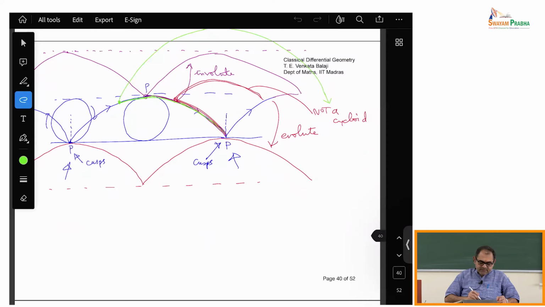Now I am particularly interested in the connections with physics for this cycloidal shape. So the first connection is that you take this cycloidal shape, and then you invert it.